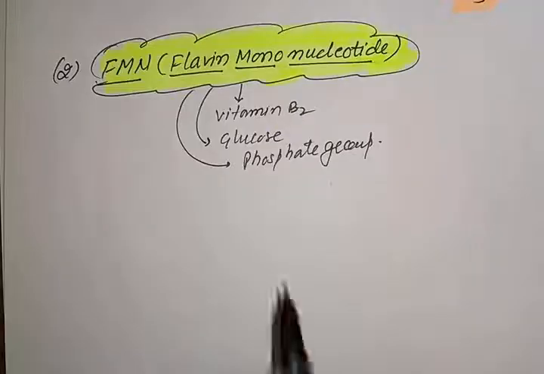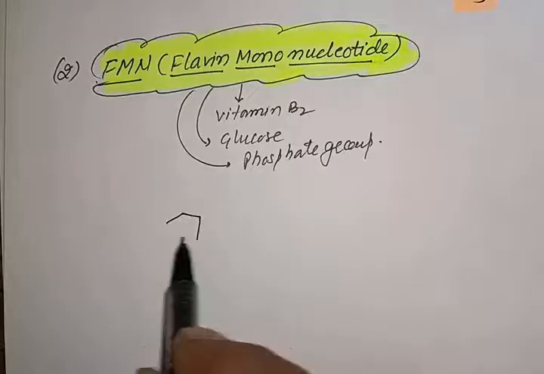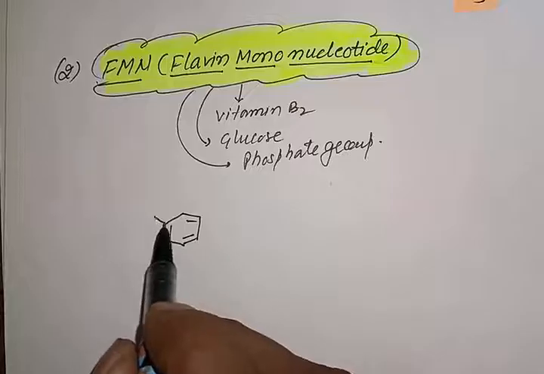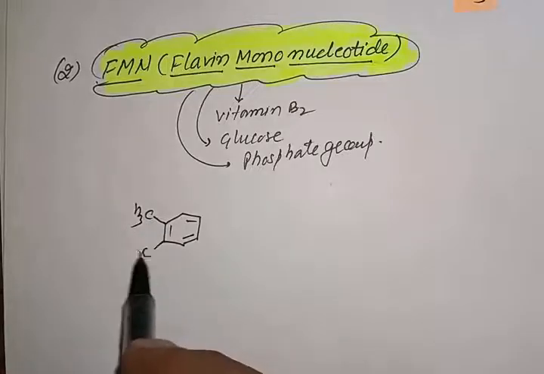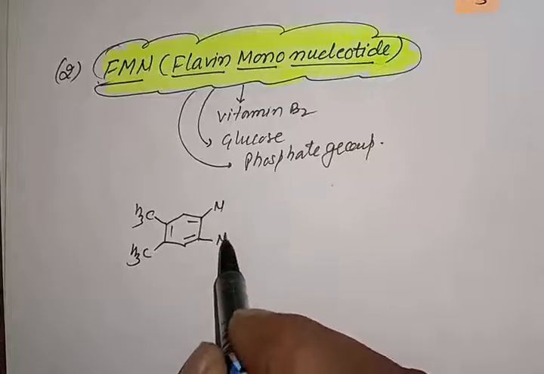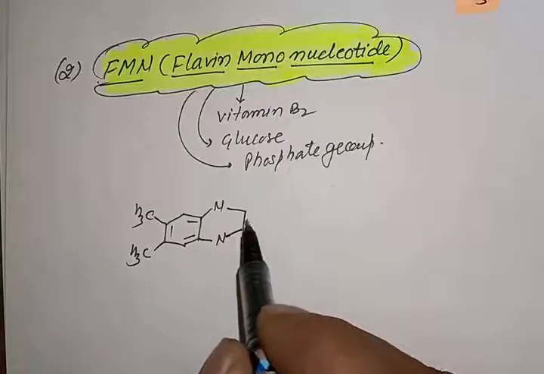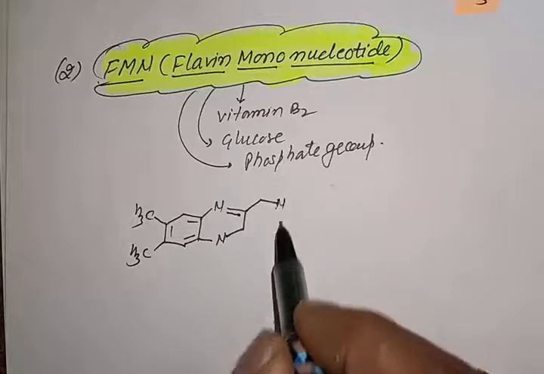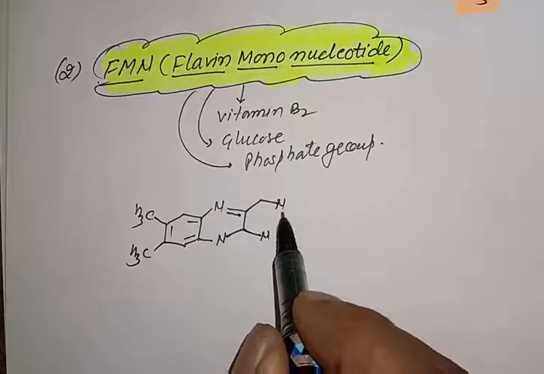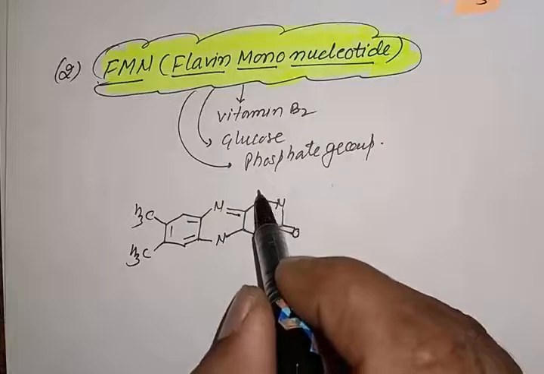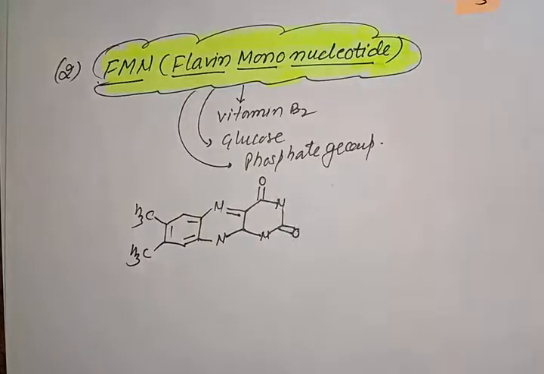The structure has a six-membered benzene ring with two CH3 groups attached, and two nitrogen atoms forming a six-membered ring, with a double bond here. On the other side there is also a six-membered ring having two nitrogen atoms and double bonds.